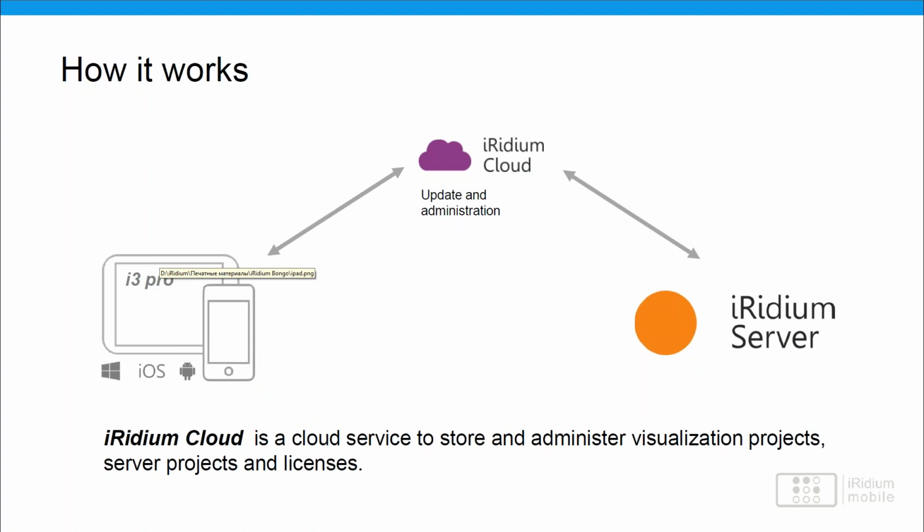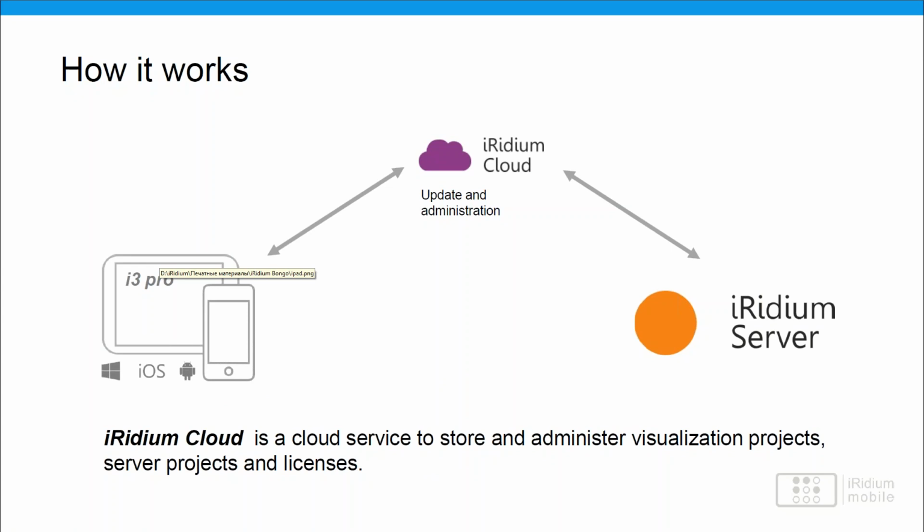In the new Iridium version, all the commercial licenses have to be uploaded to Iridium server and Iridium control panels using Iridium Cloud. Iridium Cloud is a service that you can use only if you have internet access.